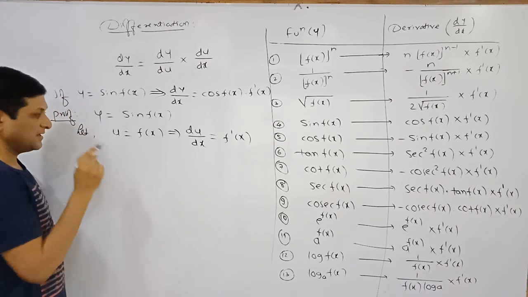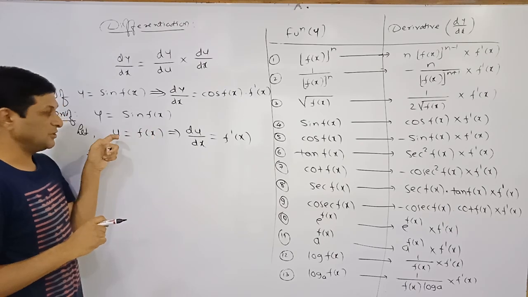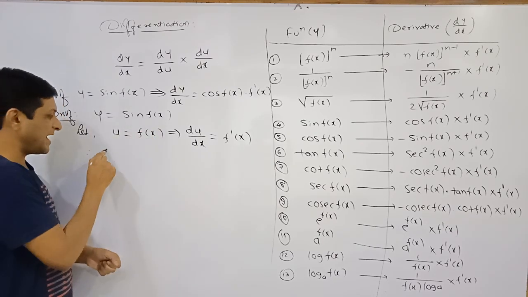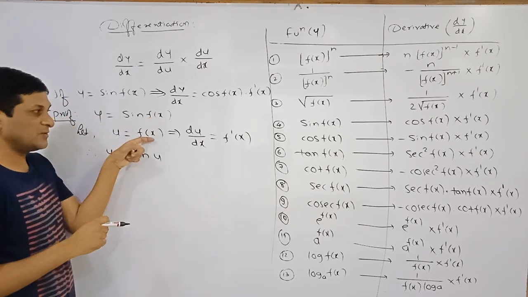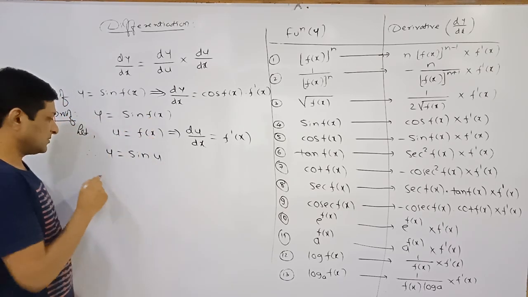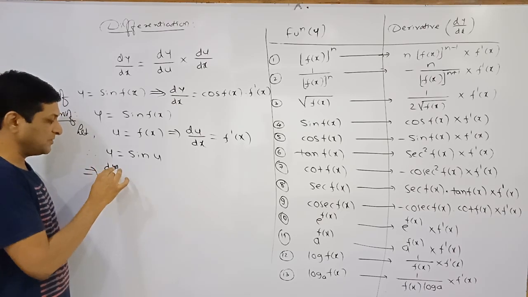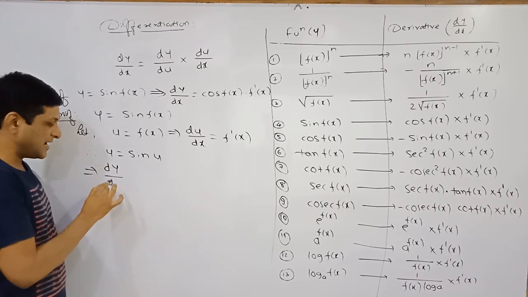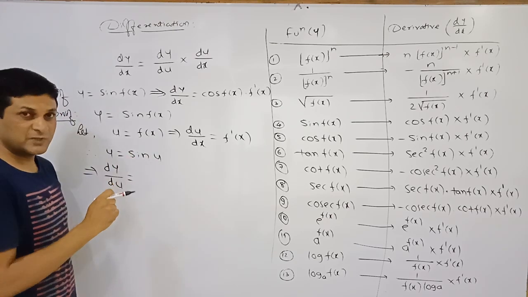So therefore, now if we are denoting this f of x by u, then what will be the value of y? Y will be equal to sine u, because f of x we have denoted by u. So differentiate it with respect to u. So what is derivative of y with respect to u? Dy upon du is equal to, and what is derivative of sine u with respect to u?